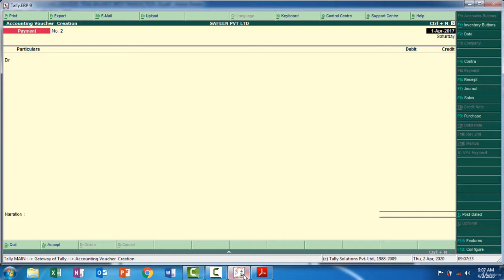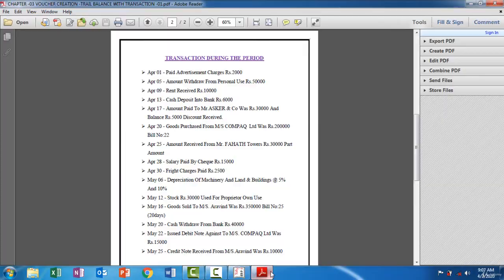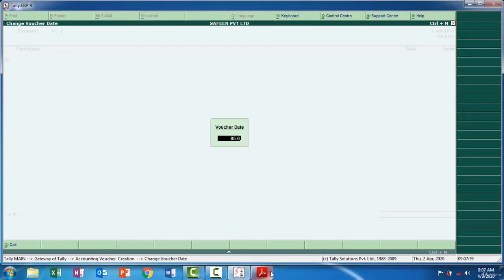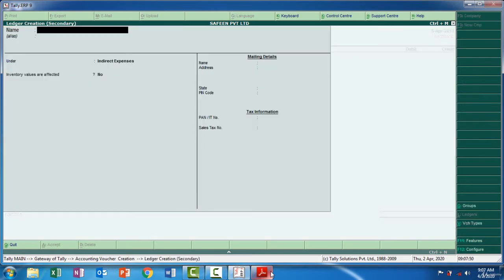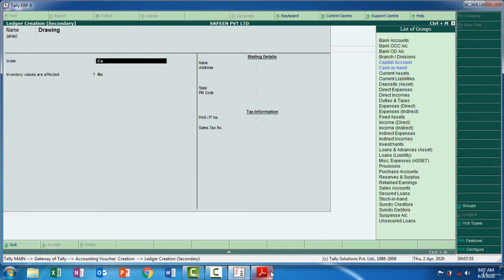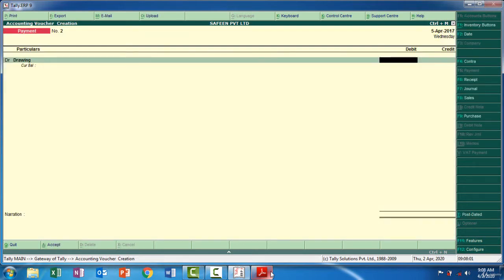So I'm going to enter the transaction. First I need to change the date. The date is April 5, so 5/4. Debit is drawing. I don't have a drawing ledger, so I'm going to create that ledger. It comes under the capital account, and I have created it. Debit how much? 50,000.